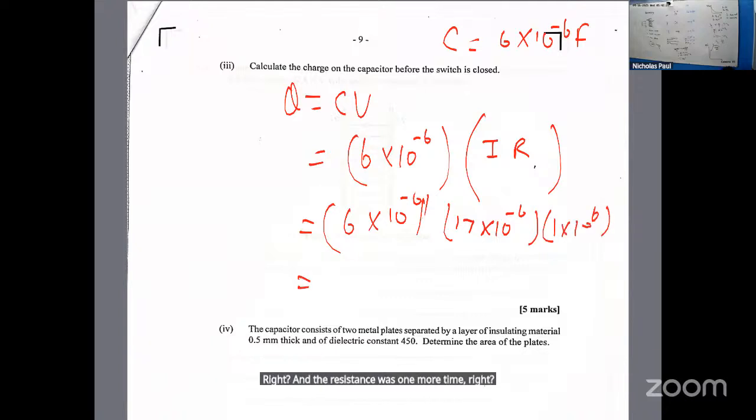So multiply it out. 1.02 by 10 to the minus 4.